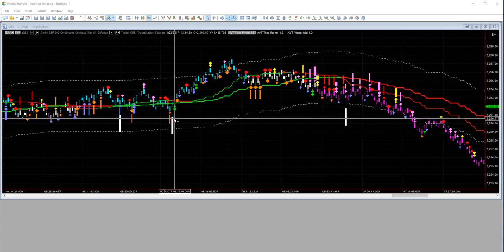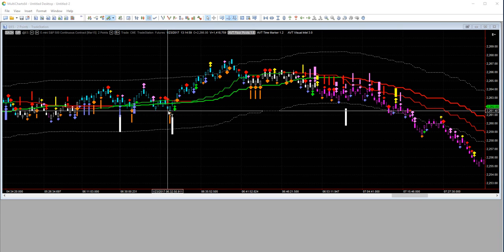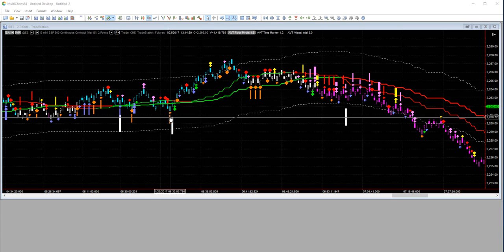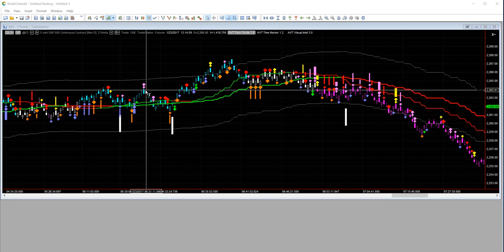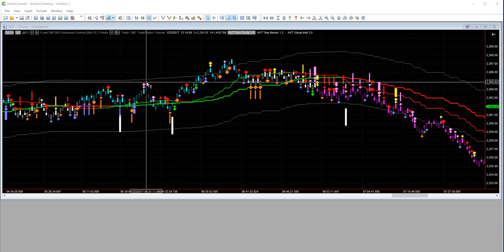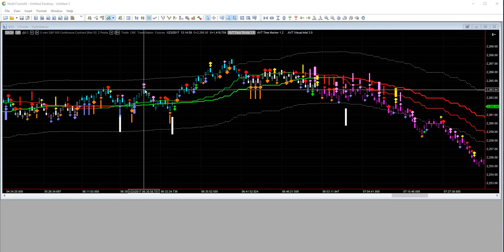So for instance, this is an indication that there was sufficient buying going on in this candle to give us a marker. This was on top of the candle, so this would be an indication that there was significant volume selling on that particular candle.